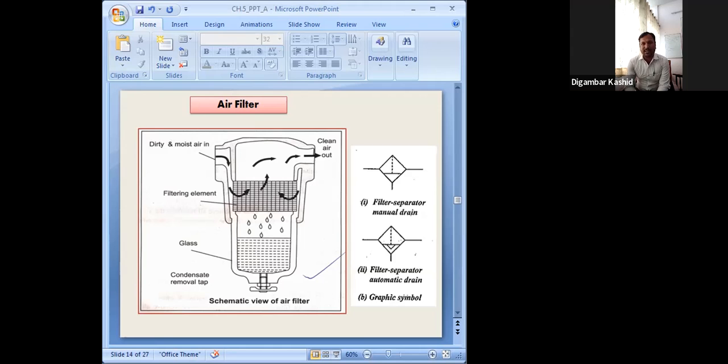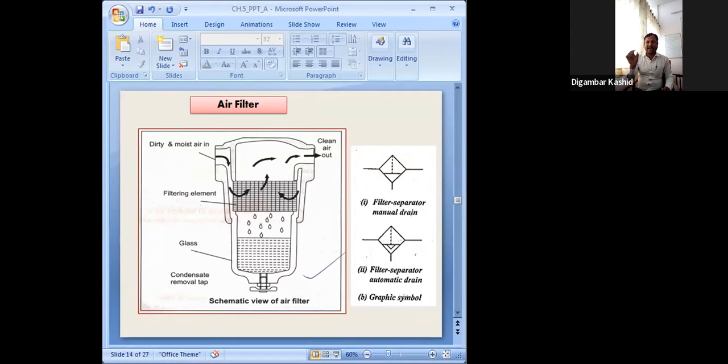Okay, what is the function of this air filter? The function of the air filter is to remove all contaminants, or all the foreign particles or foreign matter, and allow dry and clean air to flow without restriction to the regulator.